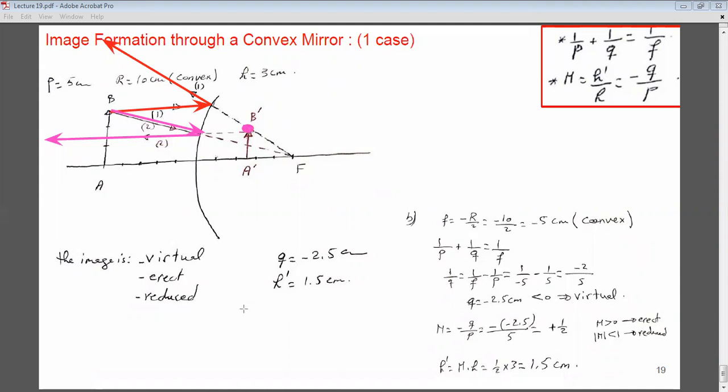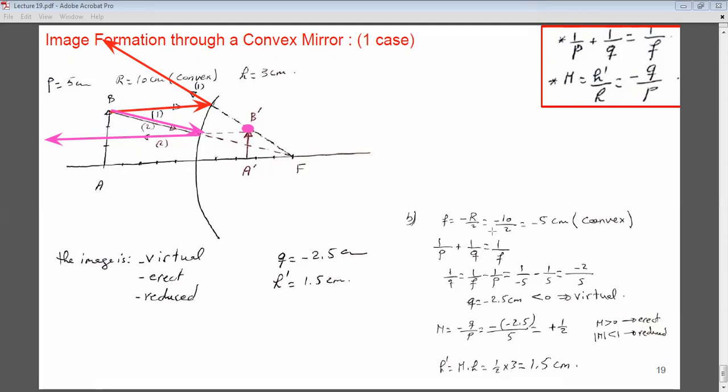So notice that I have A prime, B prime, the image. It is reduced in size, it is erect, that is upright, it is virtual because it is behind the mirror. Q is 2.5, so it is minus 2.5 centimeter, and H prime is 1.5 centimeter. And if I want to apply the rules, I have to pay attention that F is minus R over 2 because it is convex mirror.